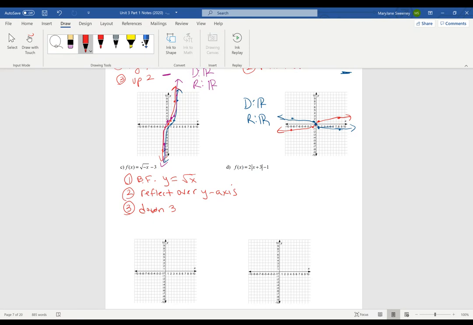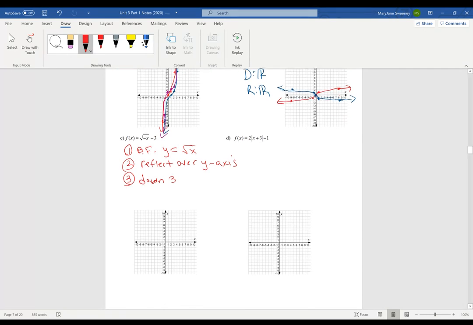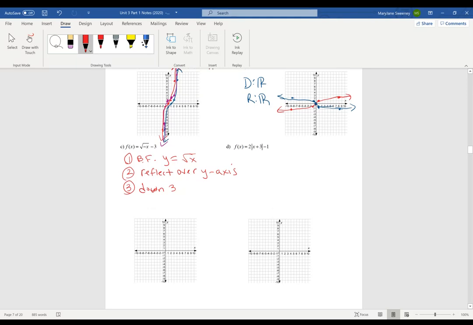So I usually go kind of in order from left to right, except if there's a reflect over the y, we do it first. Up, down, we do last. So that's kind of always the case. Okay, so this one, I might just not even graph.